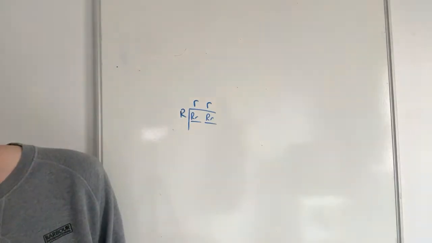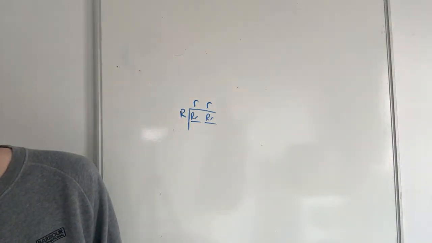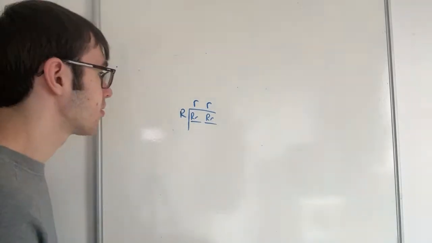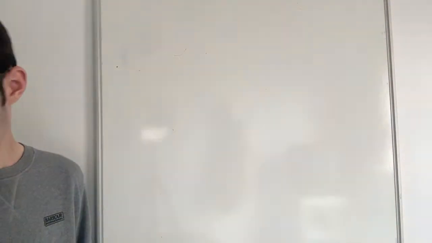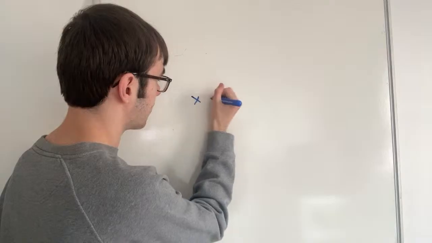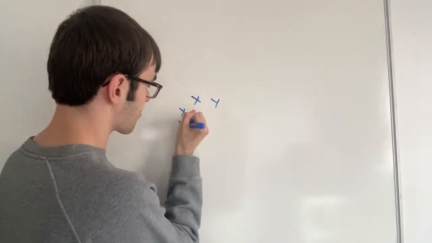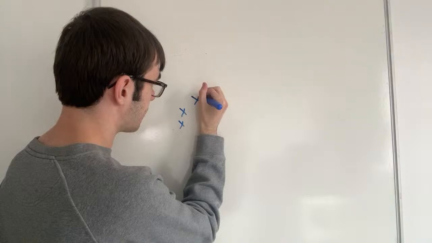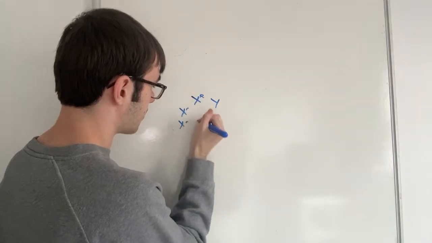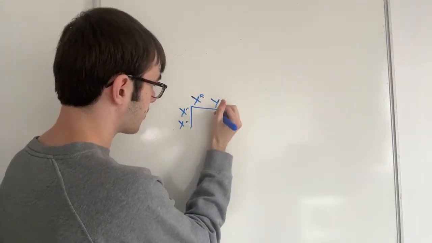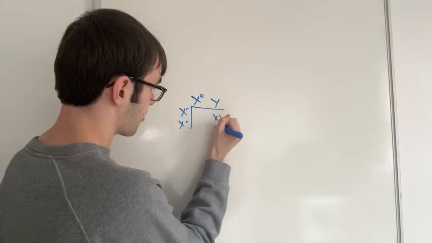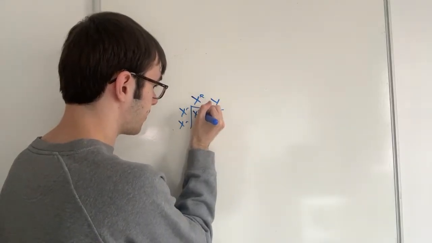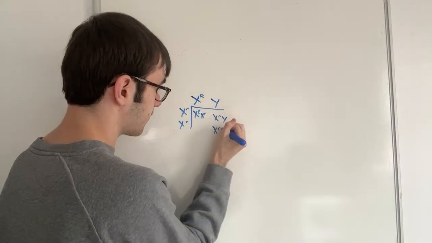Oh, I drew the Punnett square wrong. All females red eyes, all males white. I would have had to draw it like this. Okay, hold on. X, Y, X, X, R, R, R. So that's going to be XR, XR.